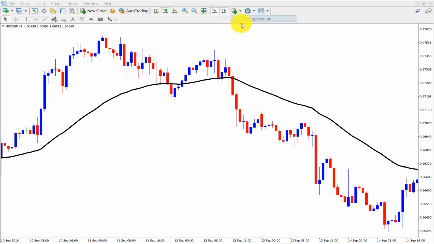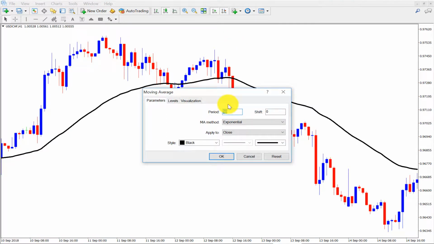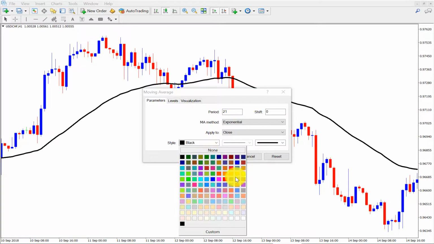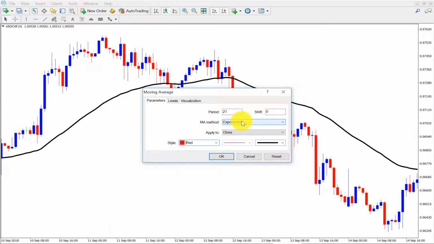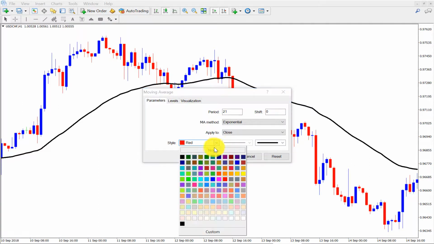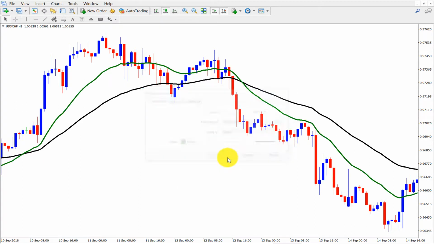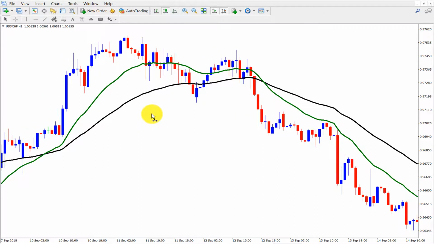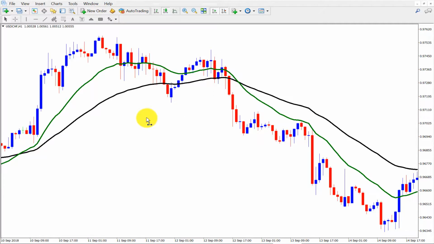Now another moving average I will set, that is a 21 period exponential moving average. The color will be green. So these are our two moving averages. Now how can we trade the moving average crossover system?